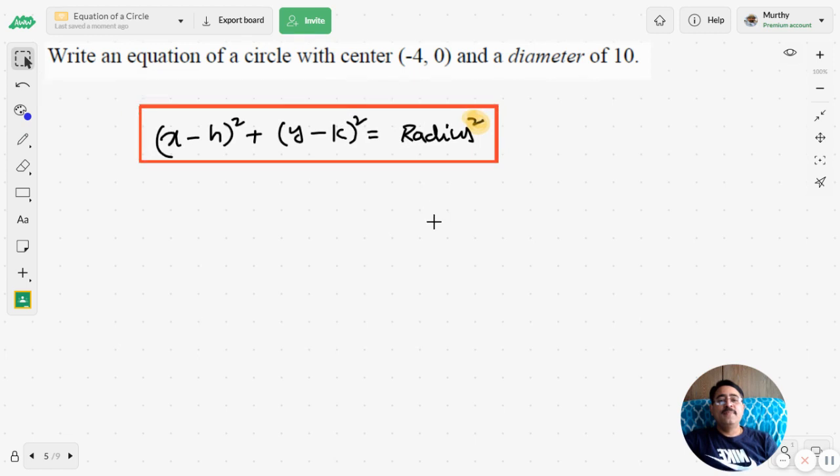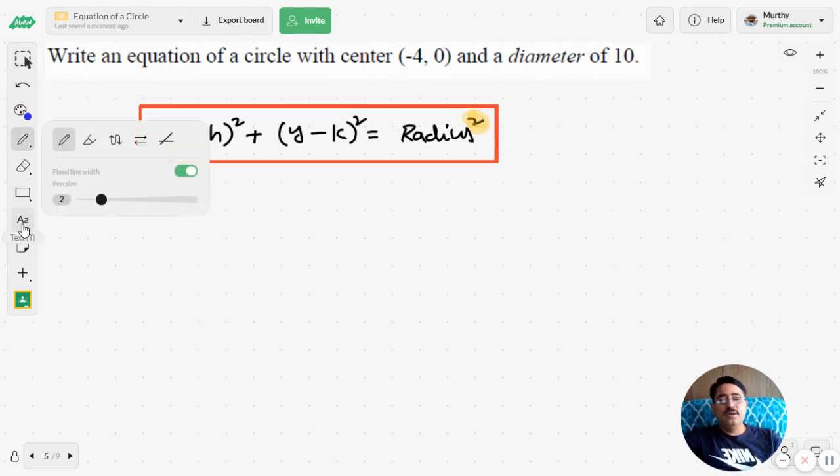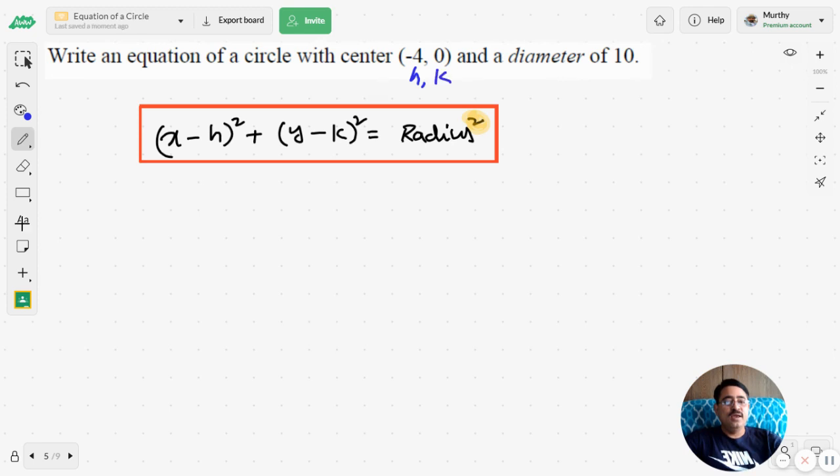Then always label the points. So here the center is h, k. The value of h goes here, and the value of k goes here.